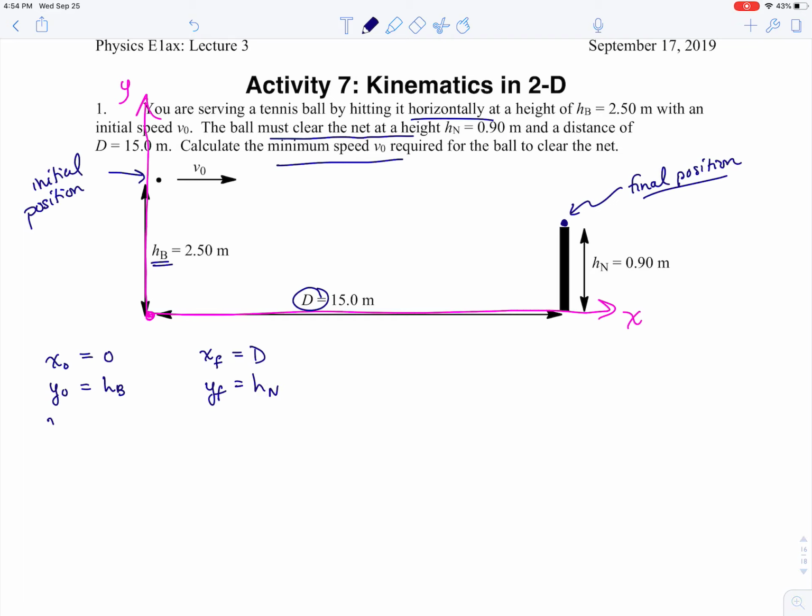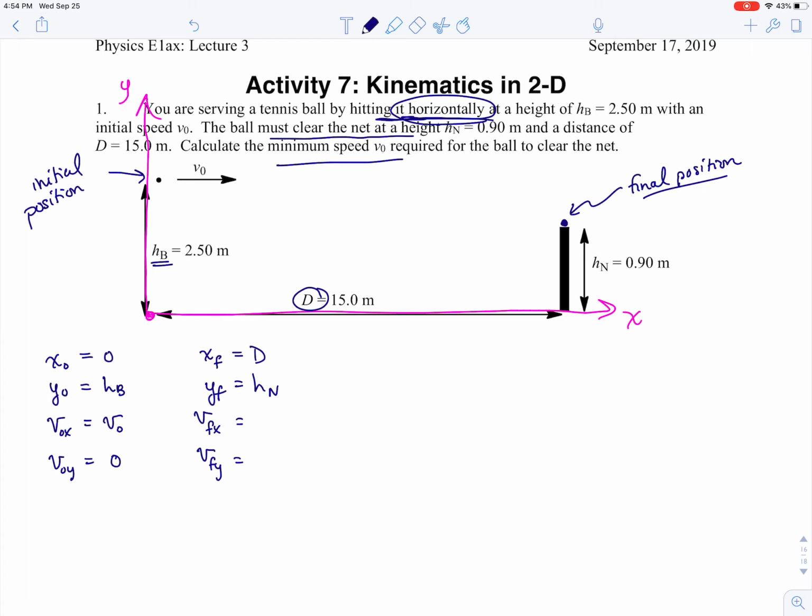How about velocities? So we need the initial velocity in the x direction and the y direction, and the final velocity in the x direction and the y direction. So the initial velocity in the x direction is v naught, and it says that it's hit horizontally, which means that there's no velocity in the y direction.